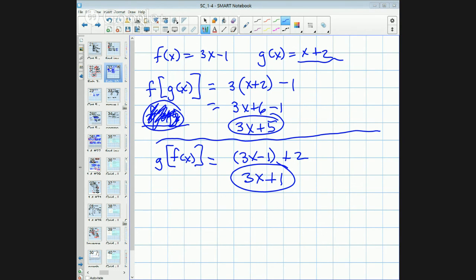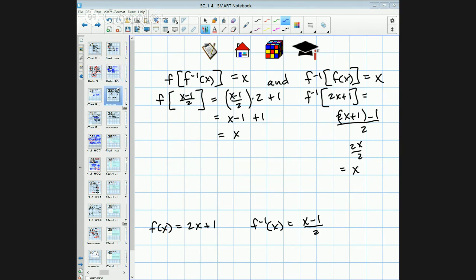So what if somebody asks you to prove that one thing is the inverse of the other? The only way to do it is to compose the original function with its inverse. And in fact, it works both ways. When you do f of f inverse, you get x. And when you do f inverse of f, you also get x.